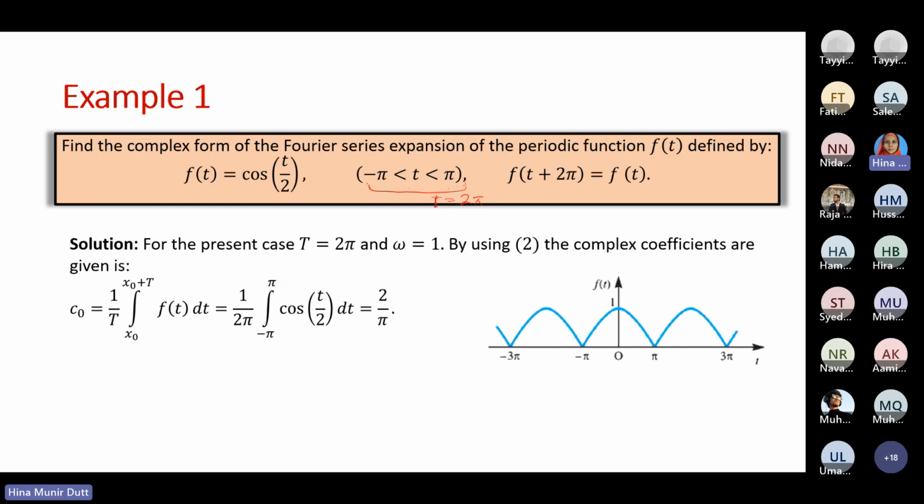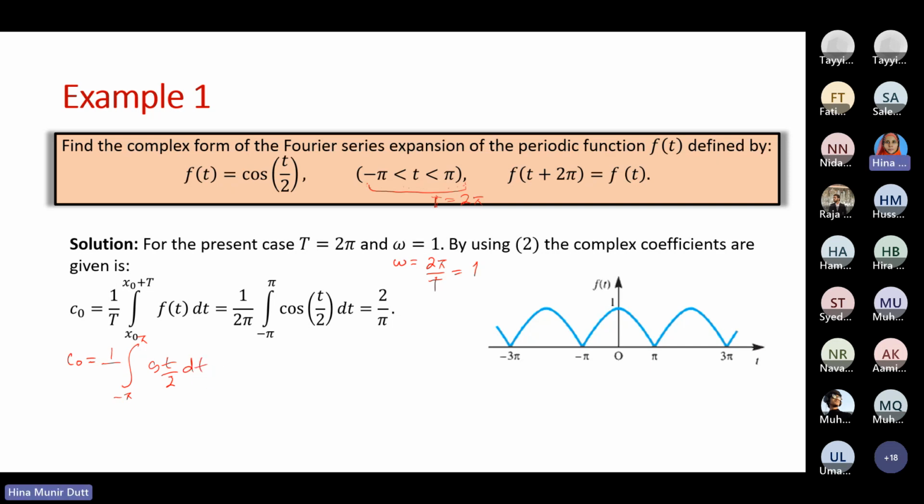This T is equal to 2 pi. So omega is equal to 2 pi over T, which is 1 over here. So C naught is equal to 1 over T, integral from minus pi to pi of cos of t over 2 dt.